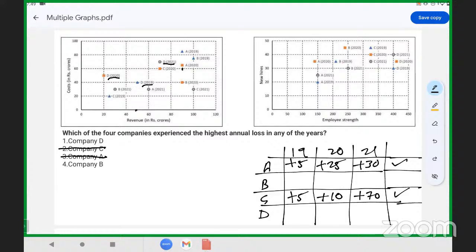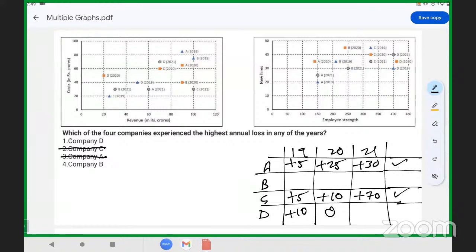So 10 profitable over here. Here it will be 70 crores in the revenue and 70 crores in cost, which gives us 0. So this was a year for them with no profit, no loss. Similarly, let's move ahead for D in 2021.